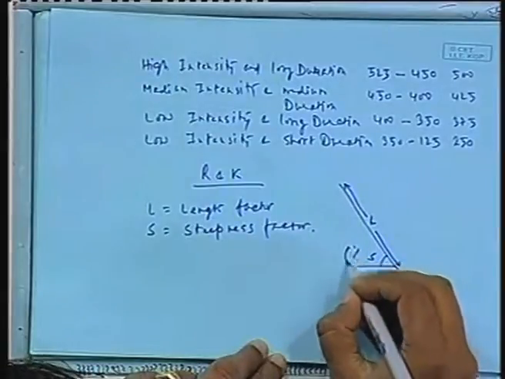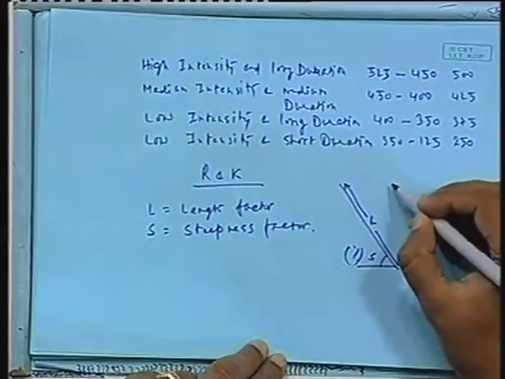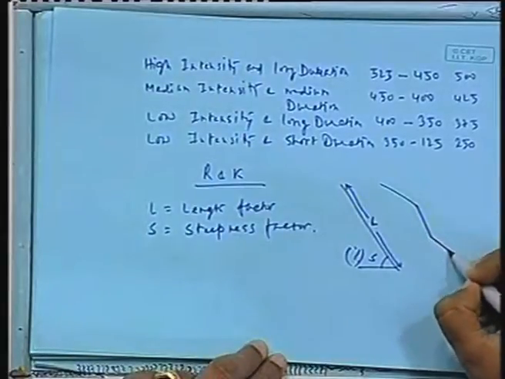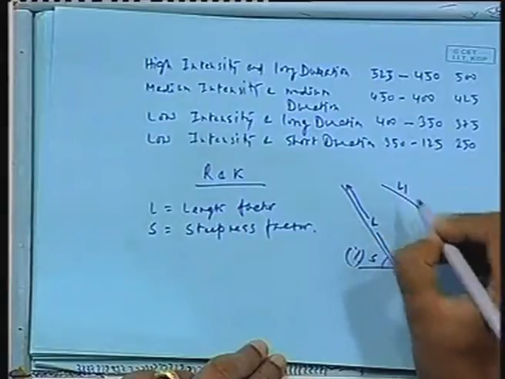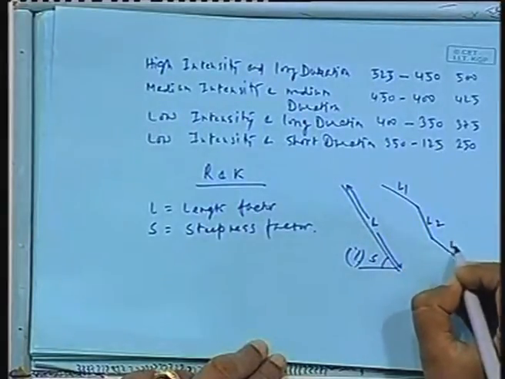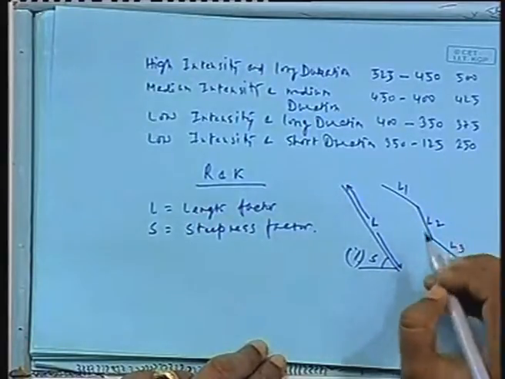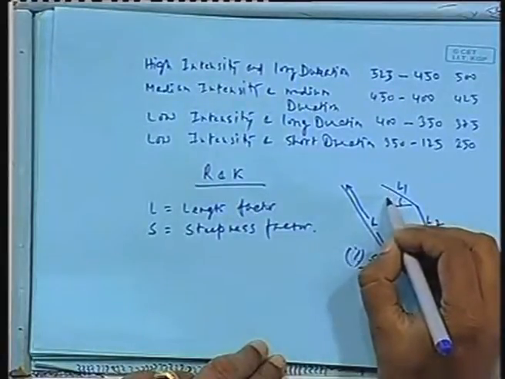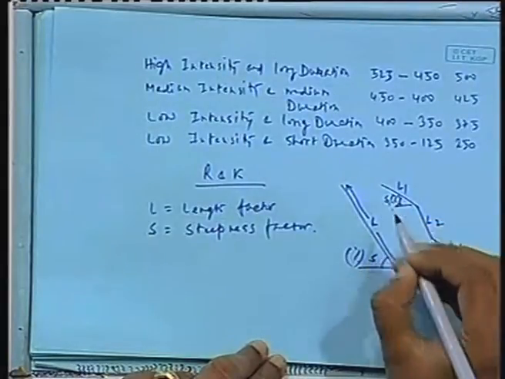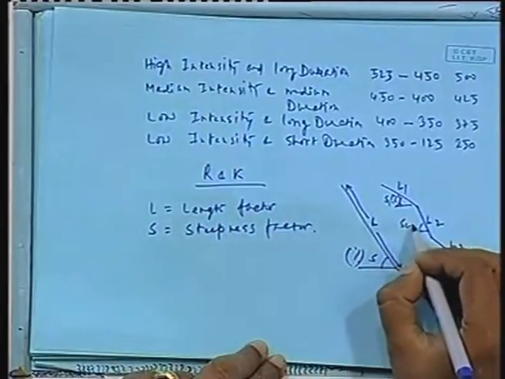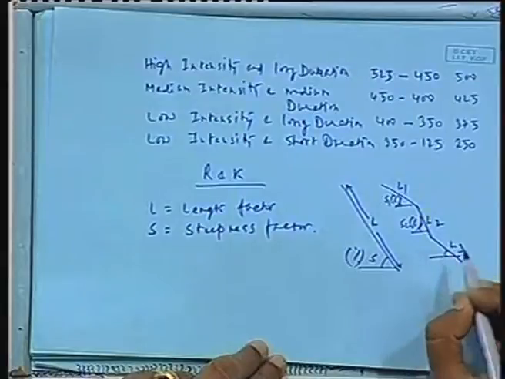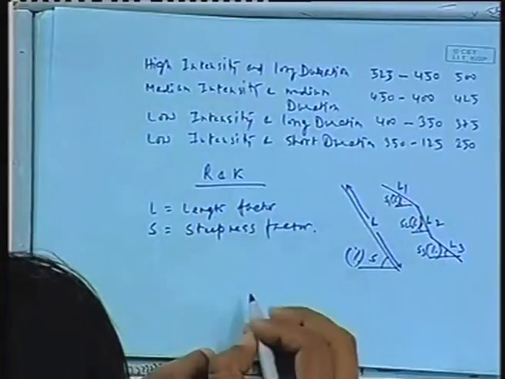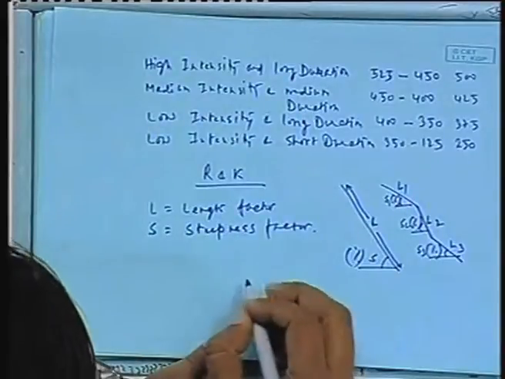So from the percent slope you find the S factor, then L into S. In situations where the slopes are in subplots, with lengths L1, L2, L3, each having a different percent slope S1, S2, S3, we have to find the combined LS for the slope.